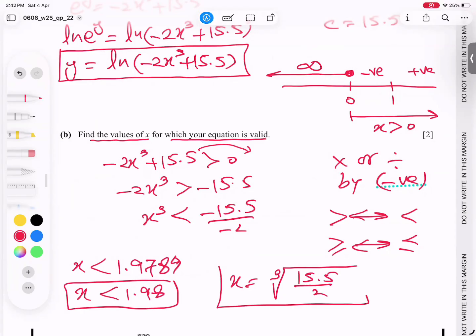Both answers are correct. So x value is less than that. You write any format and you're getting correct answers. I hope the concept is very clear.